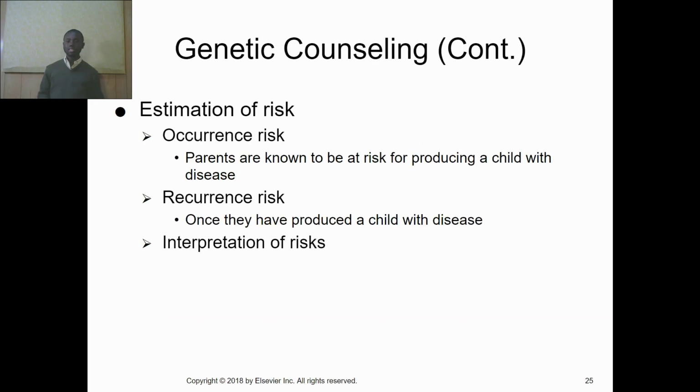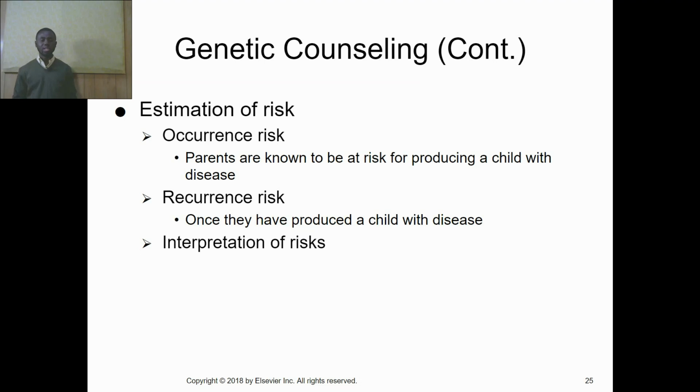The goal of counseling is to communicate the risk of occurrence before conception or recurrence after birth. So if a client has had a baby or a child that has genetic conditions, then we should be counseling them to prevent the recurrence, to let them know, okay, if you have another baby, you still have this chance, maybe 50%, 75%, or 25% chance of having another baby with the condition.